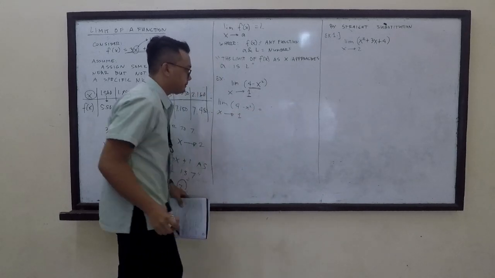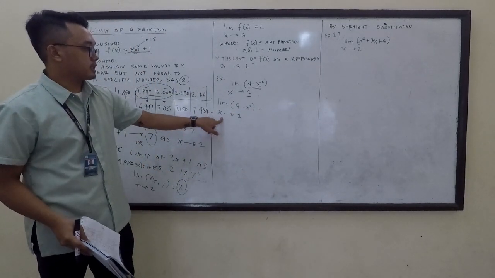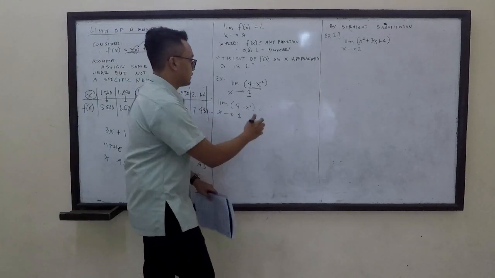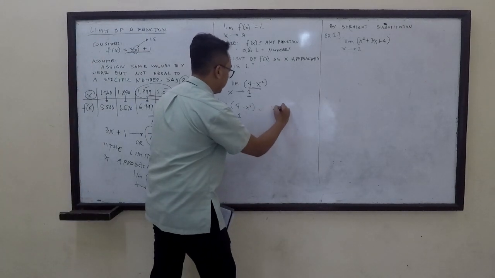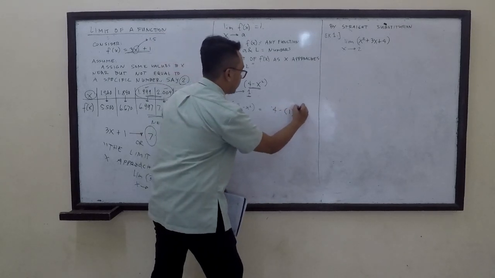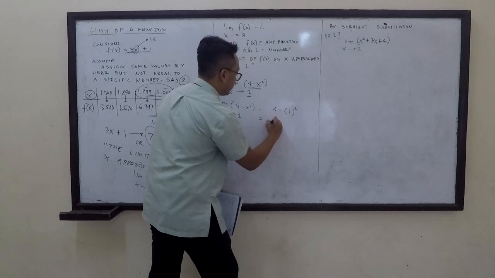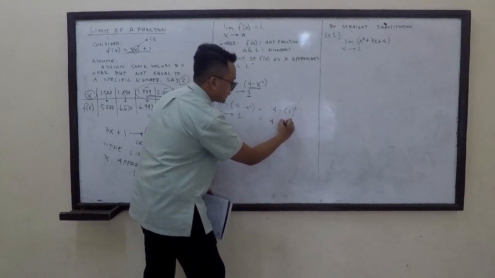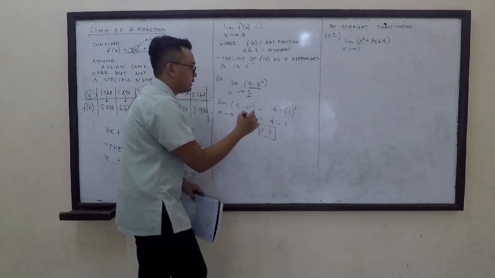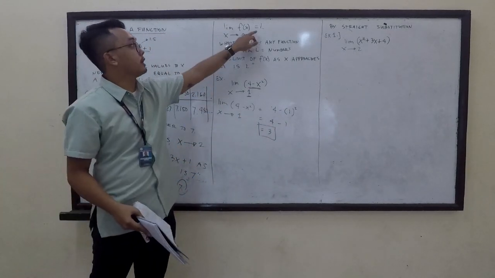This is equal to, we just substitute the value of x here. So this is 4 minus 1 squared, which is 4 minus 1, equals 3. So this is our limit, or this is our L here.